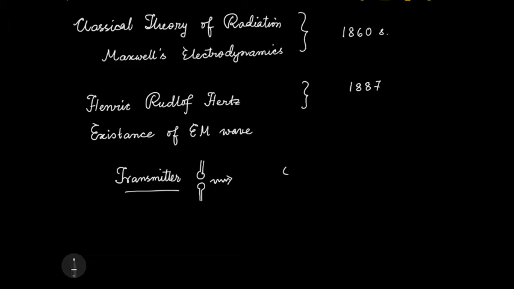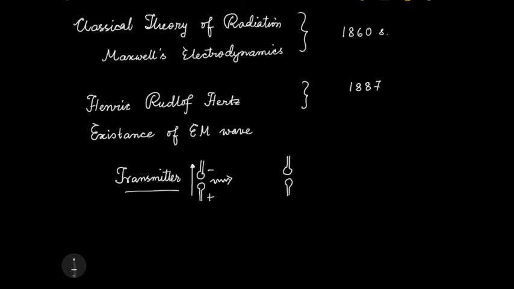And then he had a receiver kept a little distance away. And what you expect is to see a spark in this receiver, because you remember that you have the electromagnetic wave which has electric fields. The direction of the electric field in this electromagnetic wave will be like this, because say one is a highly positive charge and one is a highly negative charge.